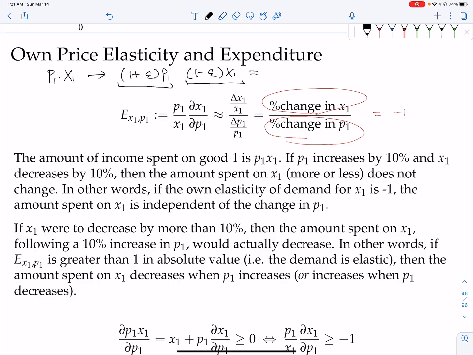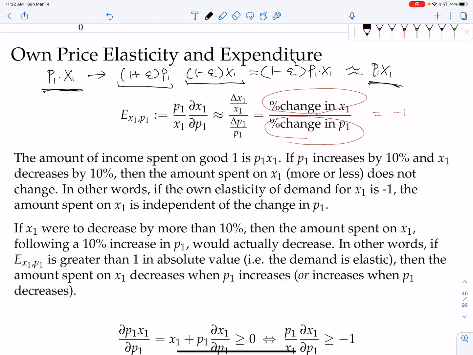Then the new expenditure can be rewritten as P1 times X1 times (1 minus epsilon squared), and this is almost the same as P1 times X1. When epsilon is a very small number, epsilon squared is a really tiny number, so we can ignore it in the first order approximation. So when elasticity is -1, when price changes, the expenditure on X1 does not change.